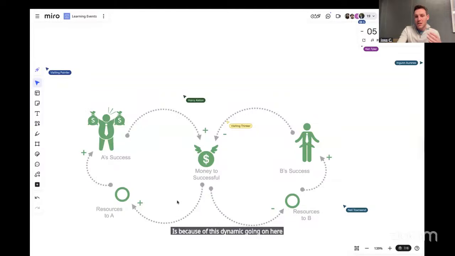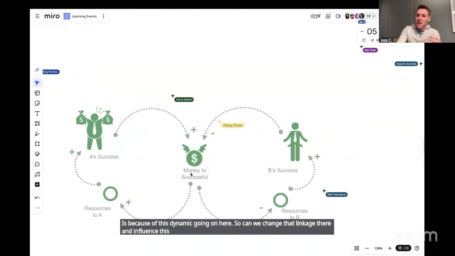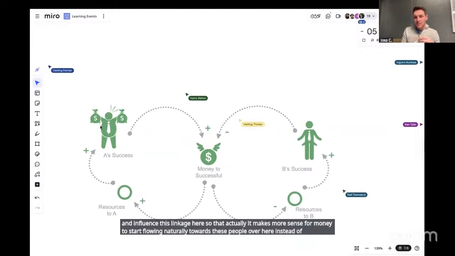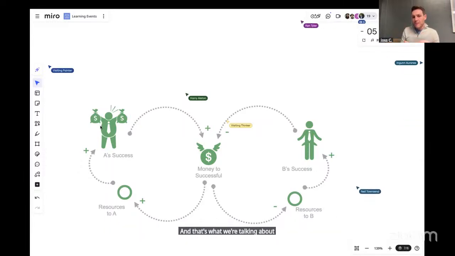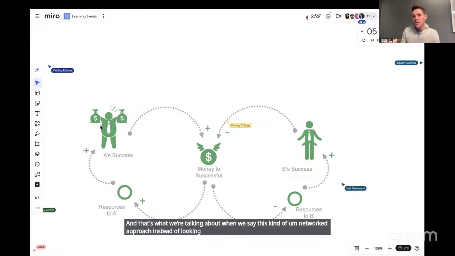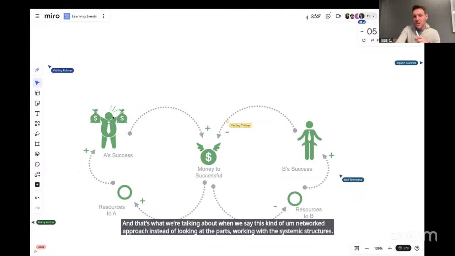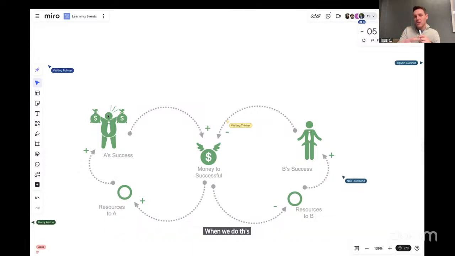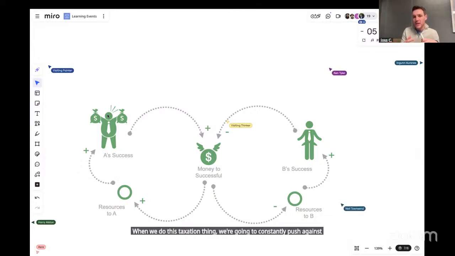So can we change that linkage there and influence this linkage here so that it makes more sense for money to start flowing naturally towards these people over here instead of these ones over here? And that's what we're talking about when we say this networked approach instead of looking at the parts, working with the systemic structures. When we do this taxation thing, we're going to constantly push against the underlying system dynamics.